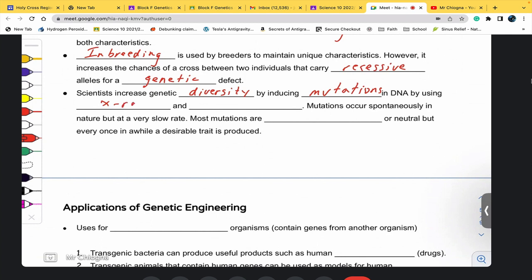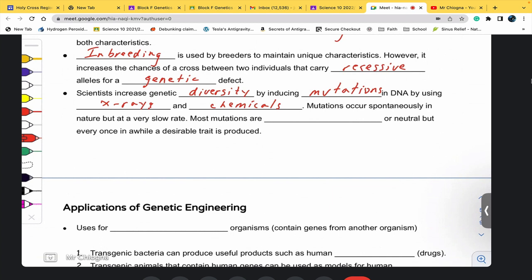That's why X-rays have to be limited, or absorption of them have to be limited, because too much of them can cause mutations. So they introduce X-rays, and chemicals can cause mutations as well. Toxic chemicals.